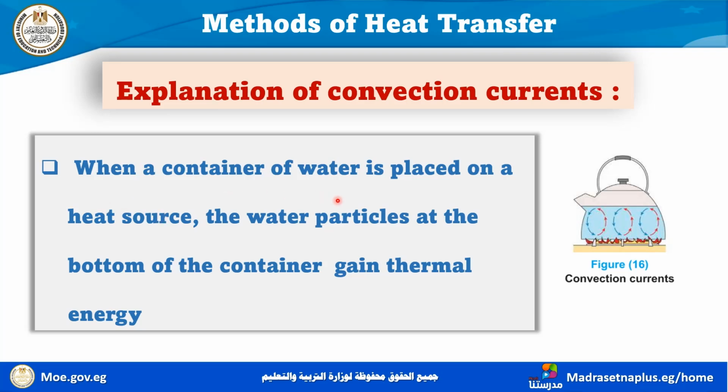When the container of water is placed on the heat source, the water particles at the bottom gain thermal energy, and so their density becomes lower, so they begin to flow upwards and are replaced by cold particles of water.